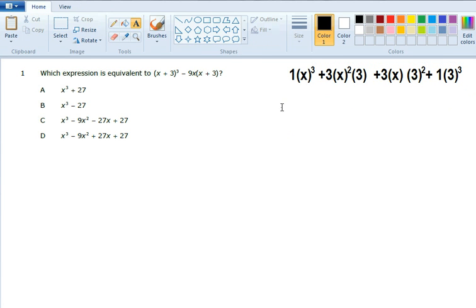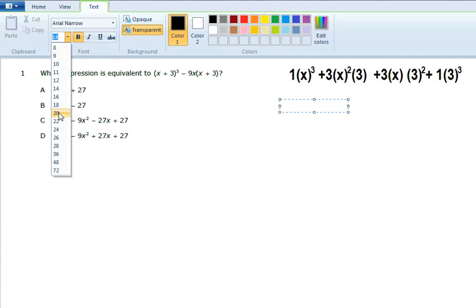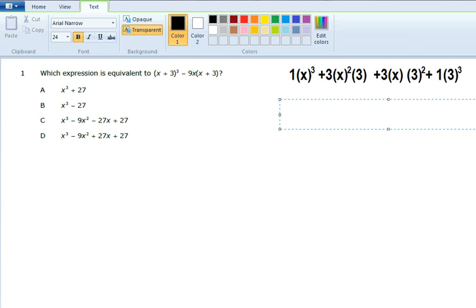And now I can just simplify this rather than doing all that distribution. It might seem like more work, and maybe with 3 it's about the same, but once you get more than 3, this way is definitely easier. So we have 1 x cubed, I'll come back and put the cubed in a second. Then we have plus 3 times 3 is 9, x squared, so plus 9x squared. 3 times 3 is 9, times 3 is 27, so plus 27x.